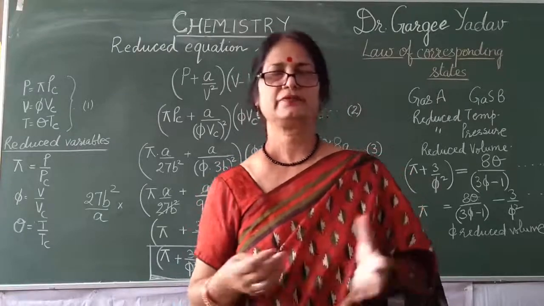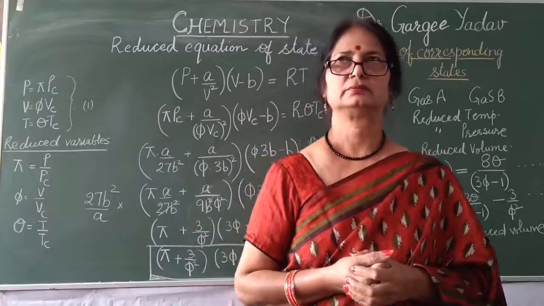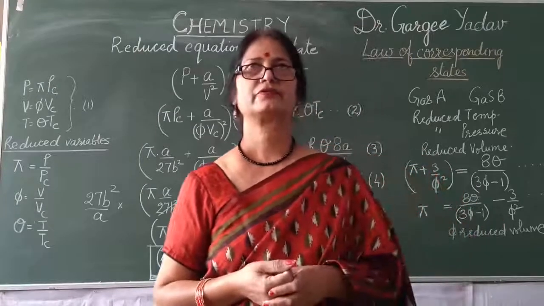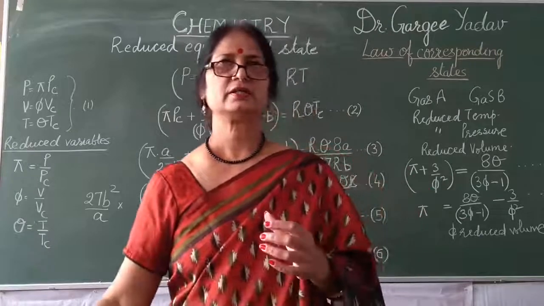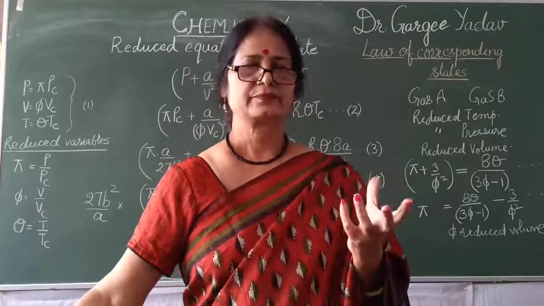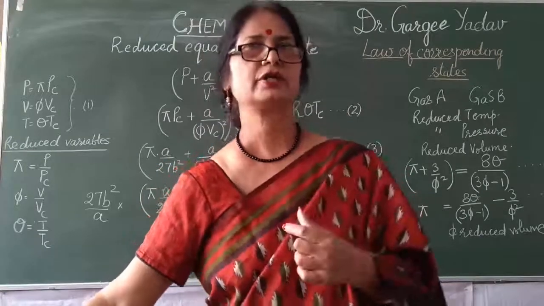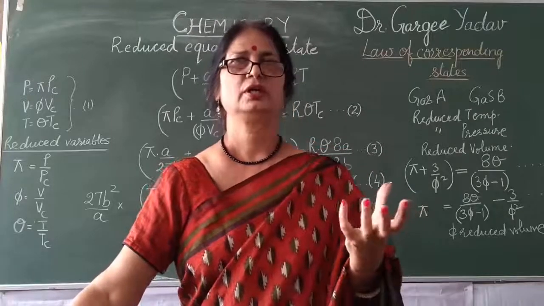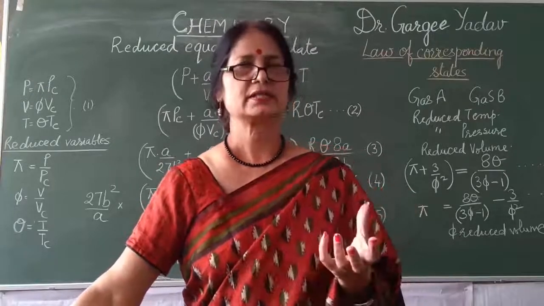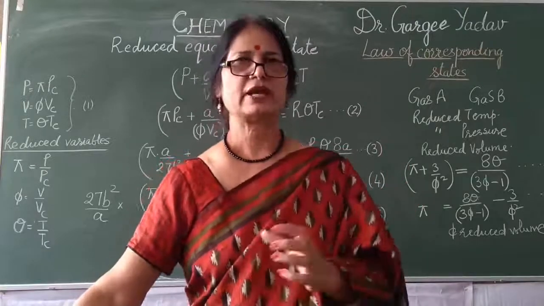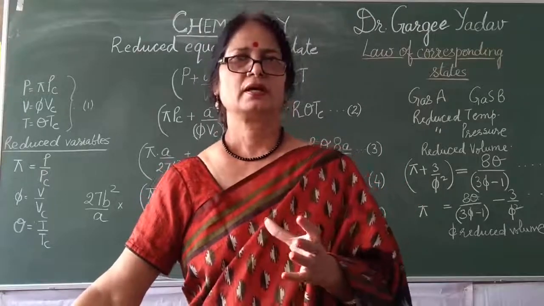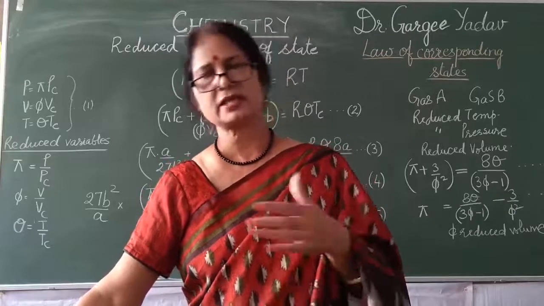So another significant point for this law of corresponding states is that when the compressibility factor Z, PV upon RT, is plotted against reduced pressure pi for different gases studied at various reduced temperatures, then the values for the different gases lie on more or less the same curve.